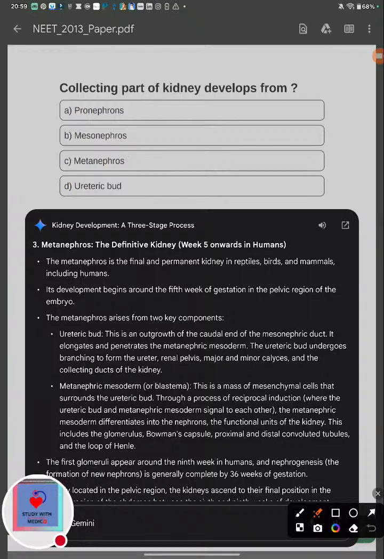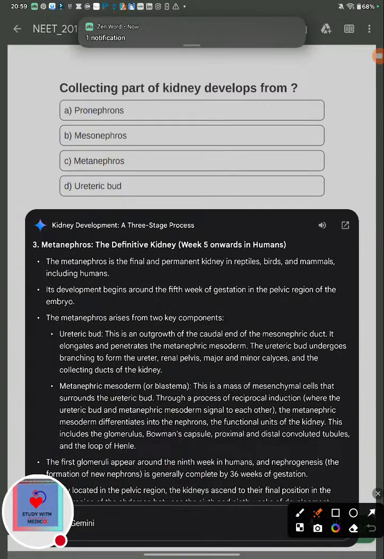It elongates and penetrates the metanephric mesoderm. So this will form the ureter, renal pelvis, major and minor calyces, and collecting ducts of the kidneys. Then the metanephric mesoderm, or blastema, will form the Bowman's capsule, nephrons, and glomerulus. It includes the glomerulus, Bowman's capsule, proximal and distal convoluted tubules, and loop of Henle.